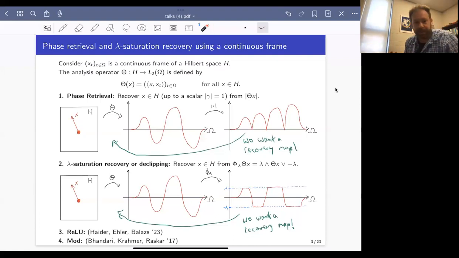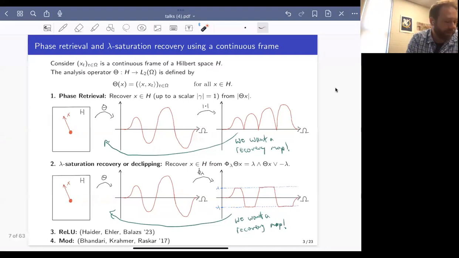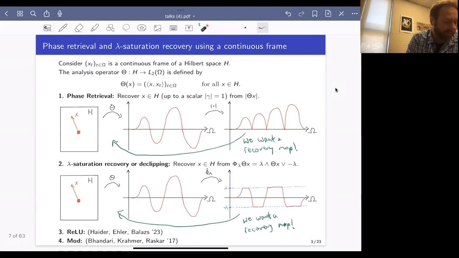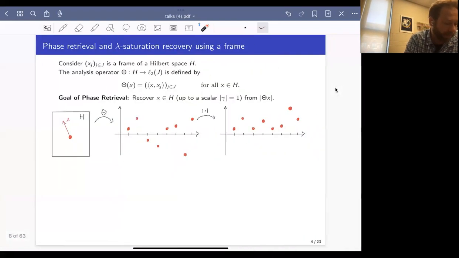a lot of times in applications, you don't want to take a huge number of measurements, and so you get a continuous function out. You want to do discrete measurements. And so you want to do some sampling of the transform. And so if I sample that transform at some discrete points, and I want to do phase retrieval, there's no way to see where I'm crossing the x-axis.